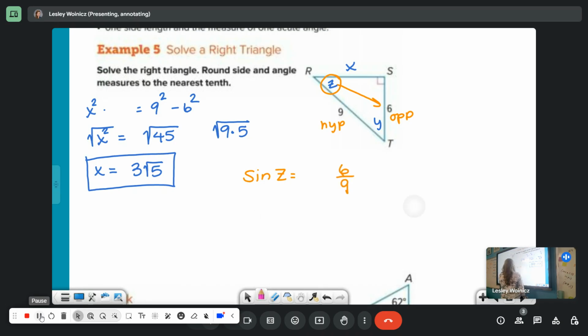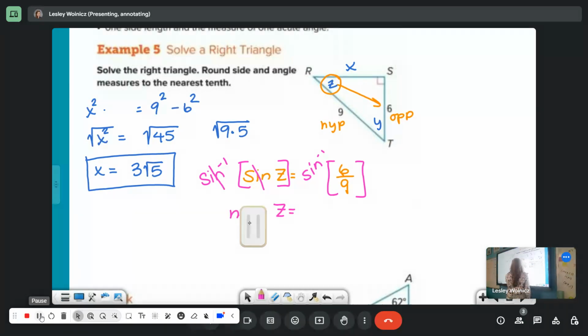How do we undo sine? Inverse sine. Bam, bam, Z's alone. What is the inverse sine of 6 over 9? 41.8 degrees. Okay, be very careful. Your sides should not have degrees, but your angles obviously should have degrees.